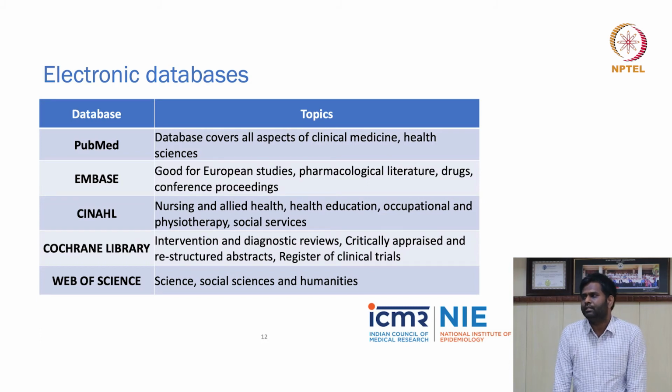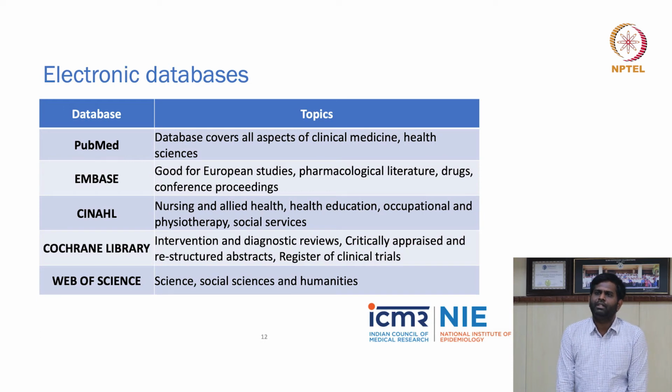Then Embase is the European equivalent of PubMed. Most of the European journals are indexed with Embase, and it is also good for drug monographs and pharmacology-related systematic reviews. Also, conference abstracts are indexed as part of the Embase database. So these are the two commonly used ones, PubMed and Embase.